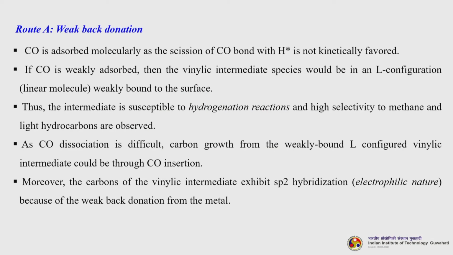As carbon monoxide dissociation is difficult, carbon growth from the weakly bound L configured vinylic intermediate could be through carbon monoxide insertion. Moreover, the carbons of the vinylic intermediate exhibit sp2 hybridization and are electrophilic in nature because of the weak back donation from the metal.